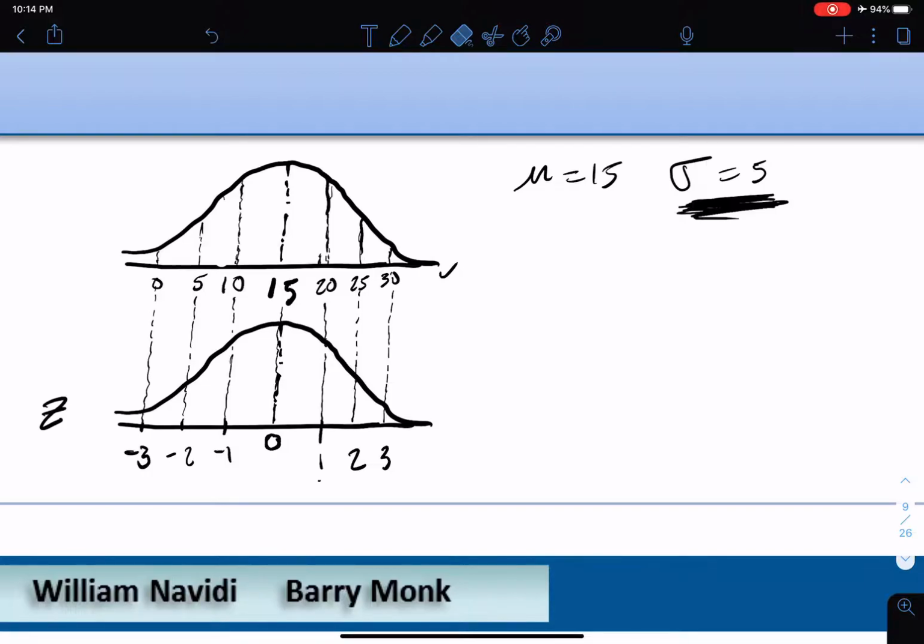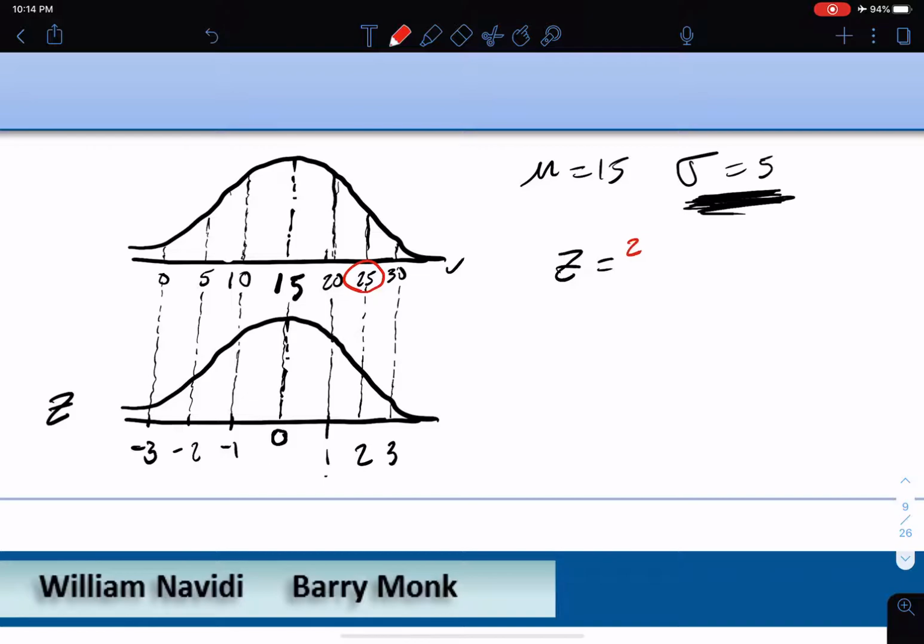But also, sometimes we start with a population score or a number. Let's do that right now. What if it was 25? I didn't try this yet, so this better work. But remember the formula: take that raw value from the population, 25, subtract the mean, which is 15, and then divide by your standard deviation, 5.